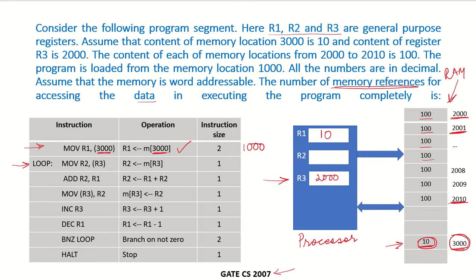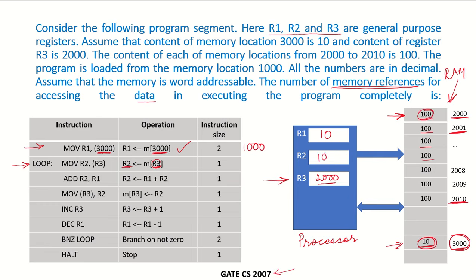Now a loop is starting from the next instruction. From the memory address which is specified by R3, bring the data into R2. The memory address in R3 is 2000. So that means this location needs to be accessed, and whatever was the data over here, 100, will be brought into R2.